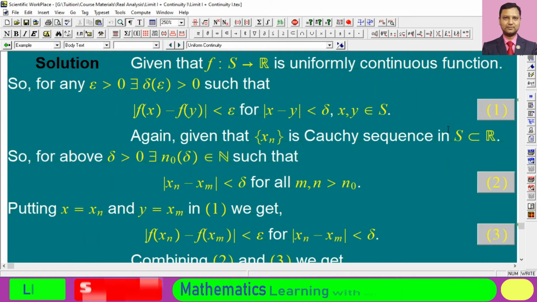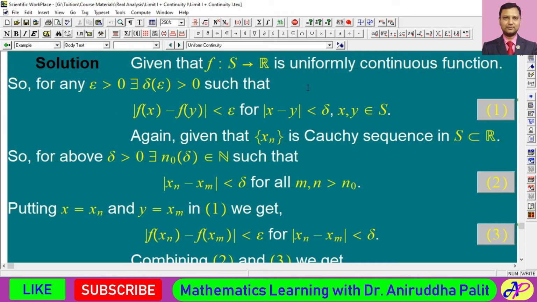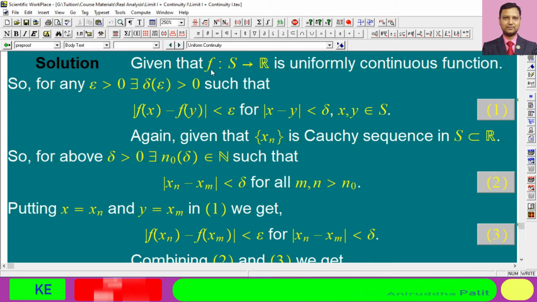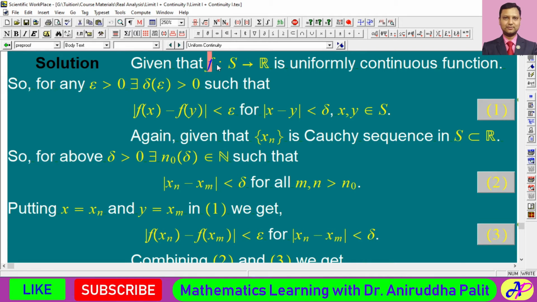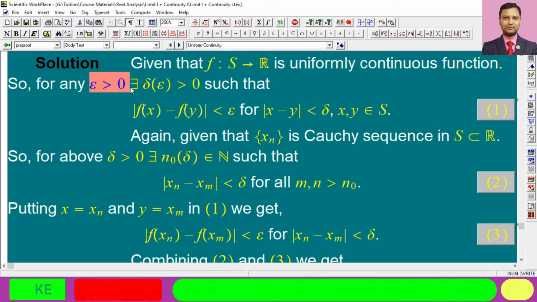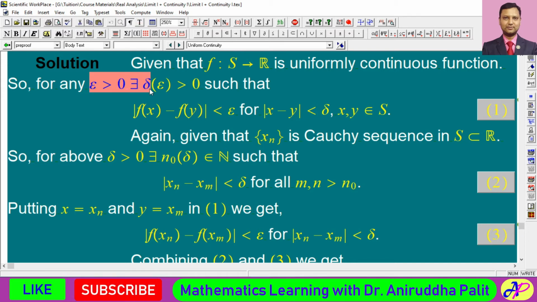So let's prove the first part first. We are given that f is a uniformly continuous function defined on the set capital S. So from the definition of uniform continuity, we can say that for each epsilon greater than 0, there exists a delta, and delta should depend only on epsilon.